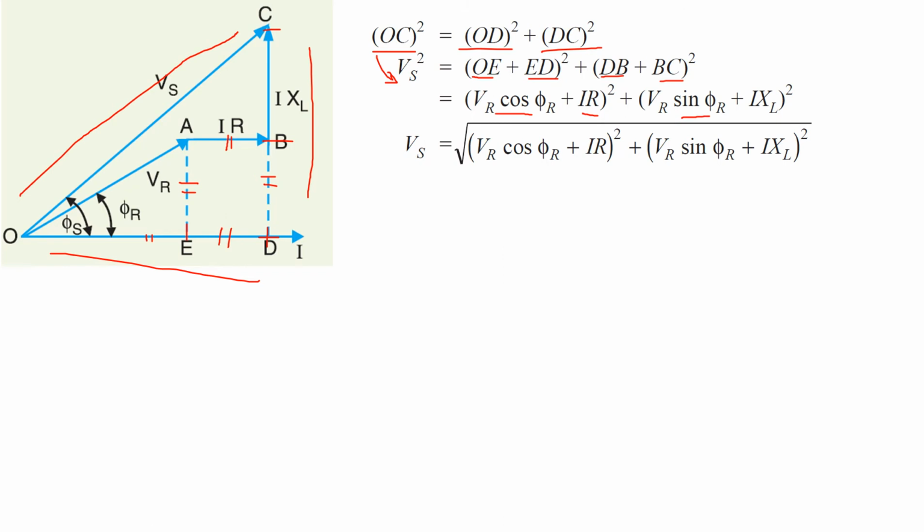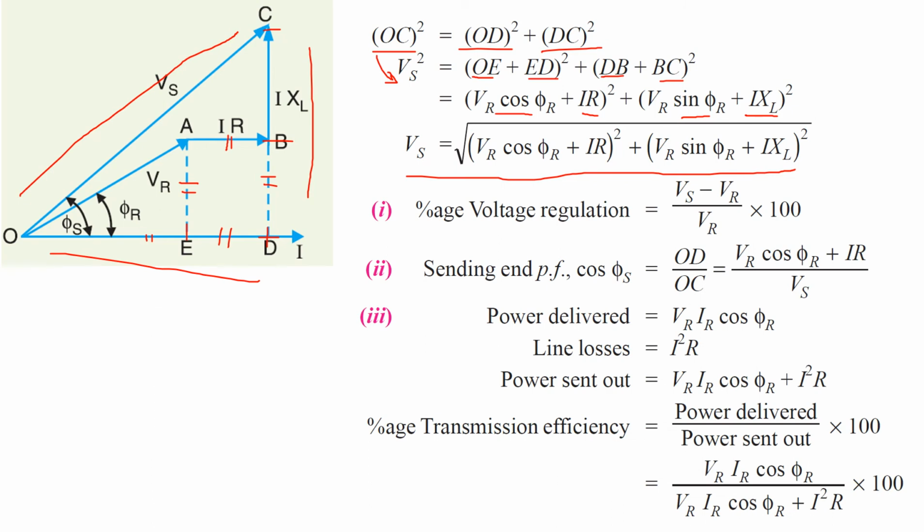And BC is equal to the voltage drop across the inductive reactance. So from that I can get the expression of Vs, that is the sending end voltage. Once you get the expression of the sending end voltage Vs, you can find out the voltage regulation. Similarly, you can find out the power factor at the sending end.